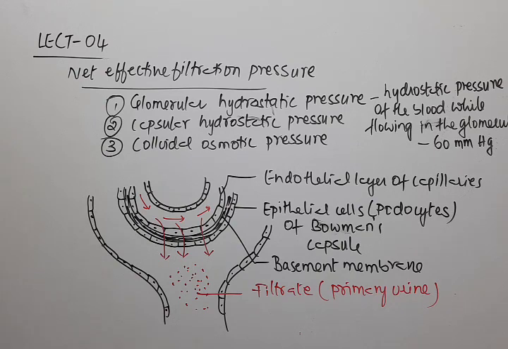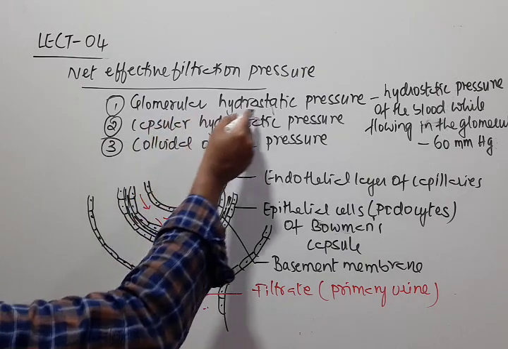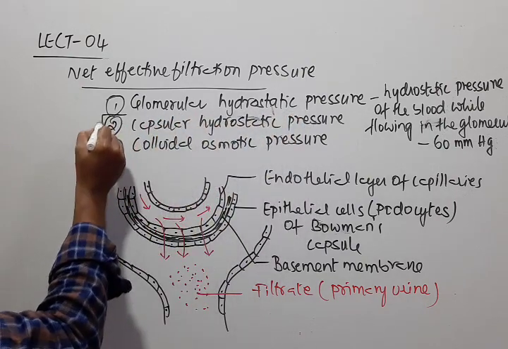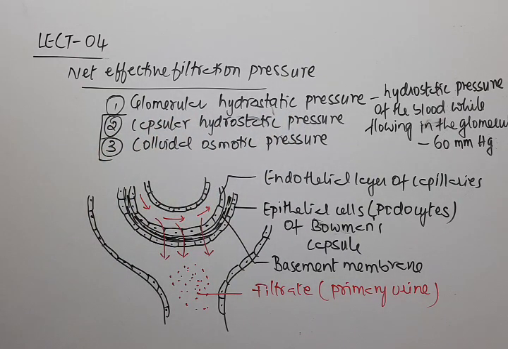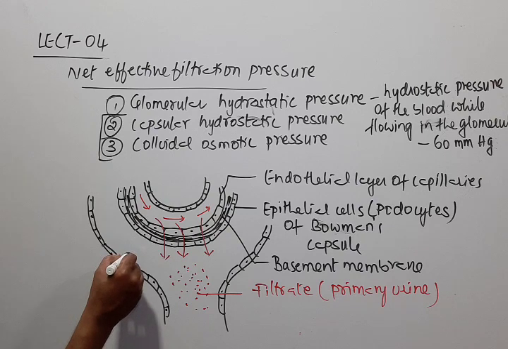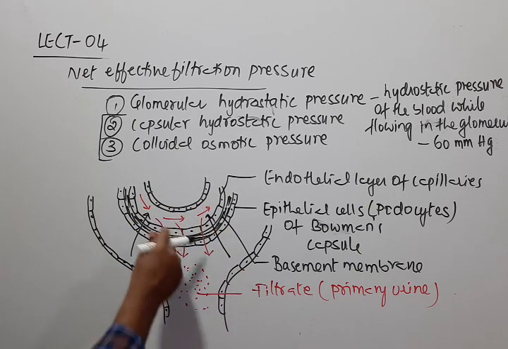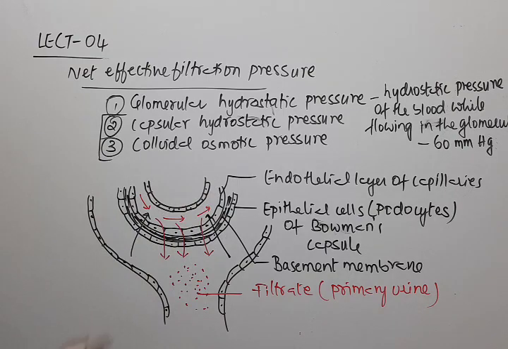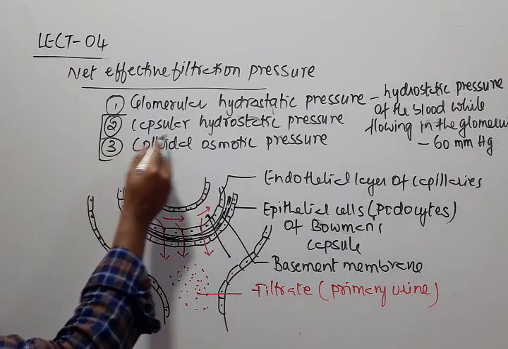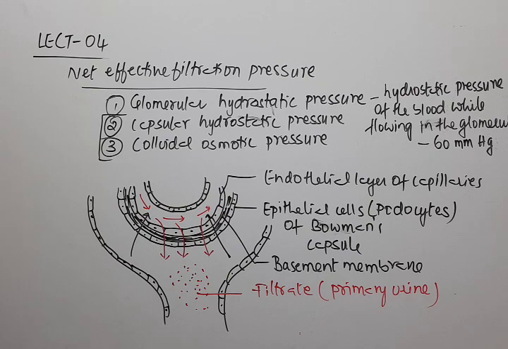The two pressures that counteract it are the capsular hydrostatic pressure and the colloidal osmotic pressure. That may push the filtrate back into the glomerulus. So one is capsular hydrostatic pressure and another one is colloidal osmotic pressure.